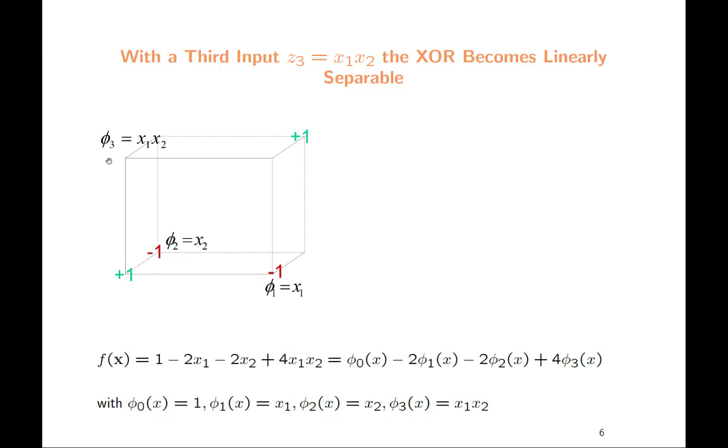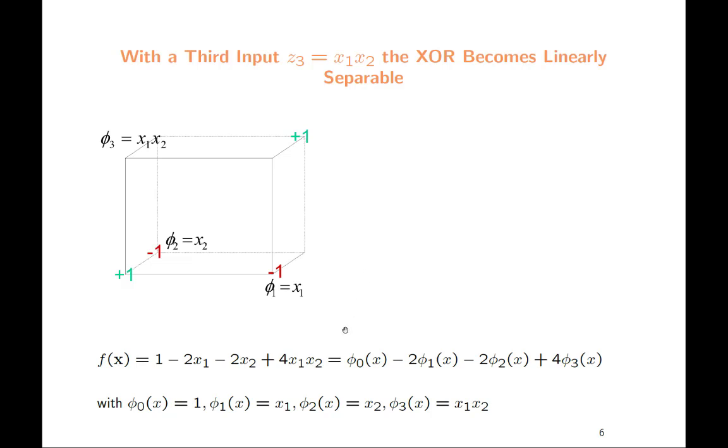But by adding this third input, x1 times x2, the input at 1, 1 is now placed over here, because x1 x2 has the third dimension 1 here, and now the situation looks very different.